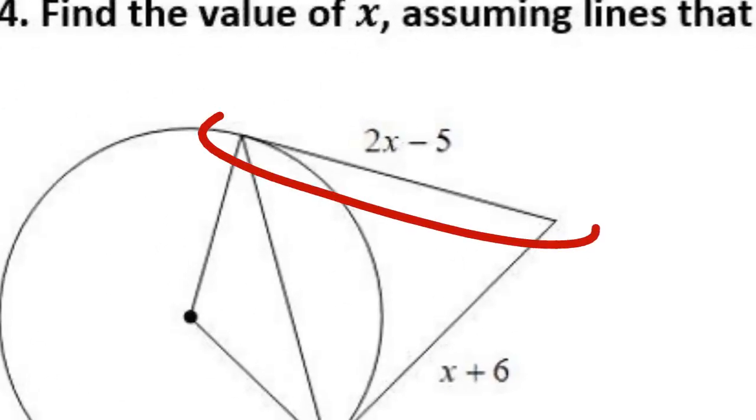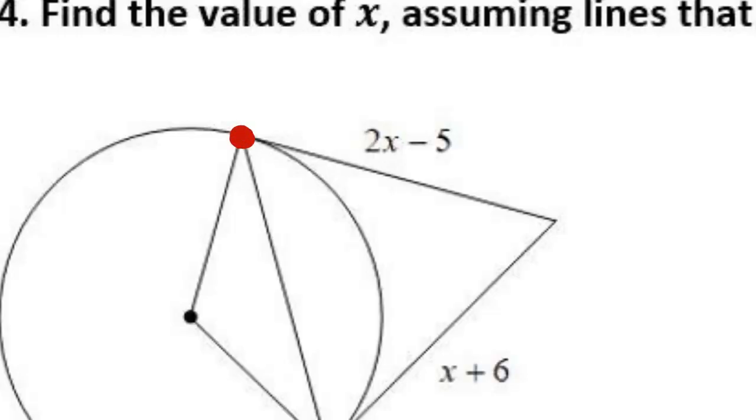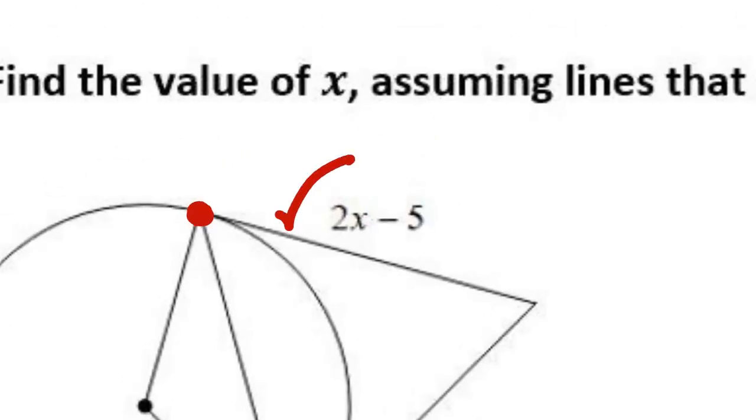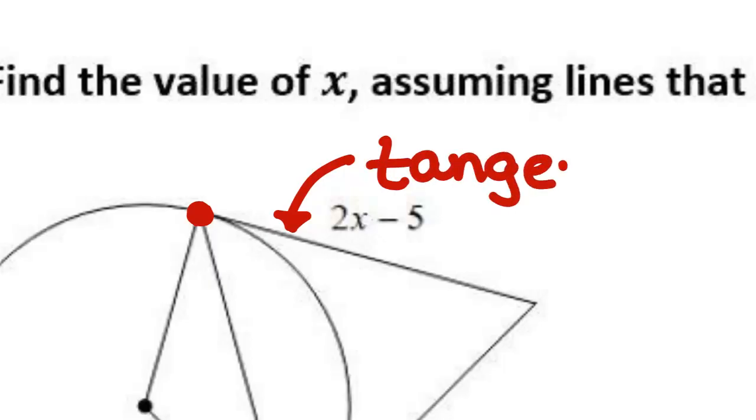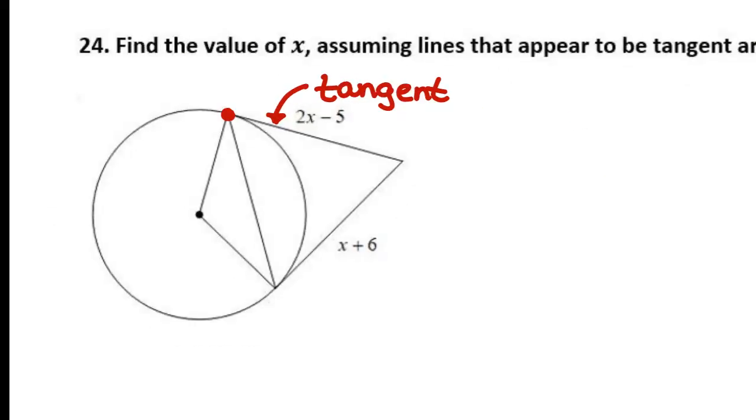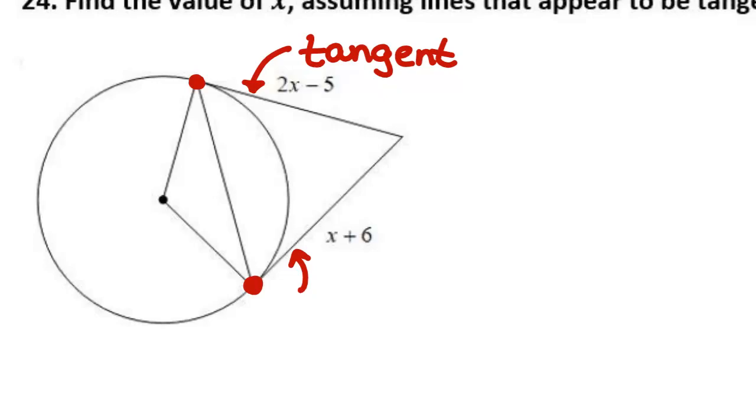So this top line right here appears to be tangent. It's touching my circle in exactly one spot here. So that makes this a tangent. And this bottom line, I have the same thing happening here. It touches my circle in exactly one point, so that makes this also a tangent.